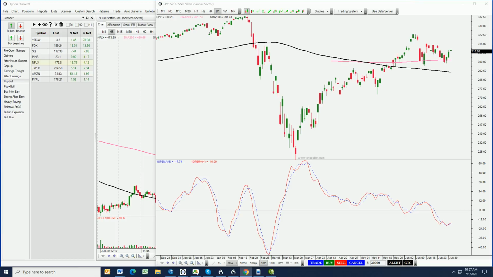So I don't like the macro backdrop, quite honestly, into August, the middle of August, late August, September. I think we're going to start seeing some problems if this economy is not back on track and if the coronavirus has not been contained, because we've got lots of states who are starting to shut down. And right now we had Arizona, Texas, Florida, some really big states.